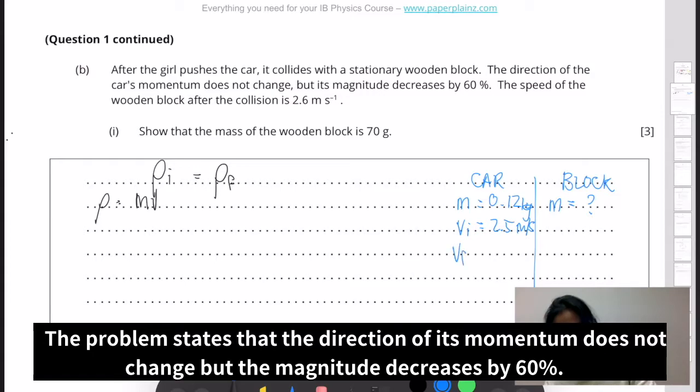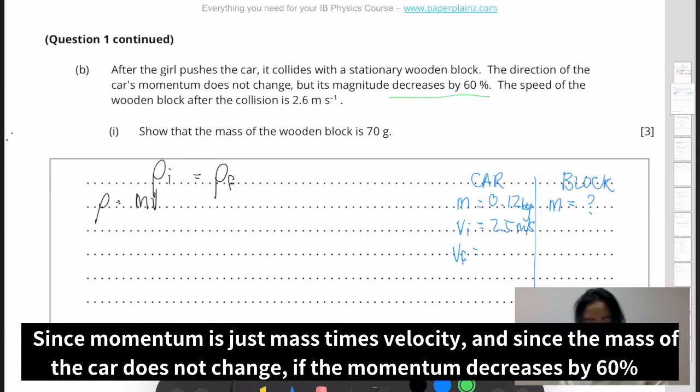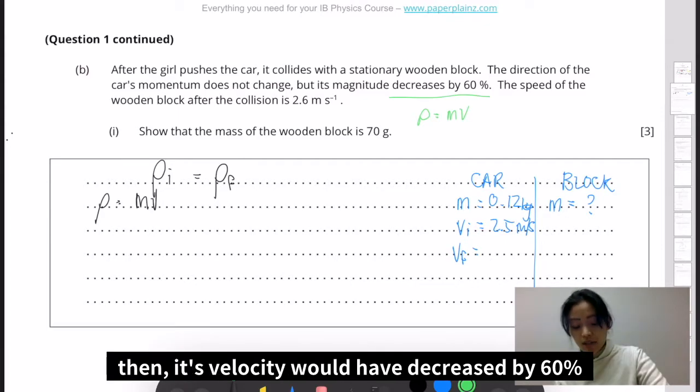And its final velocity would be, let's read the problem. The problem states that the direction of the car's momentum does not change, but its magnitude decreases by 60%. Since momentum is just mass times velocity, and since the car does not change its mass, therefore, if momentum decreases by 60%, its velocity would have decreased by 60%.